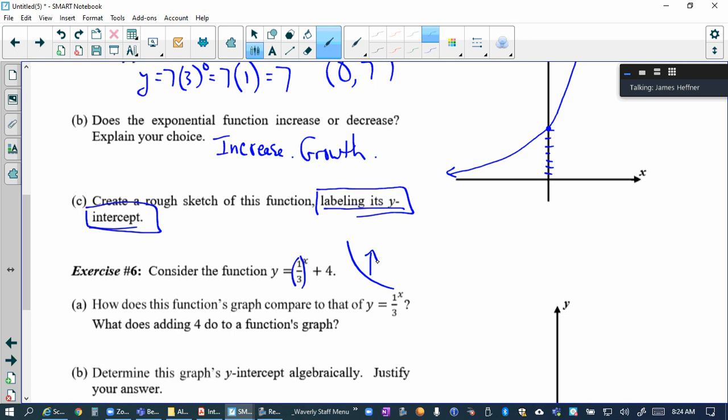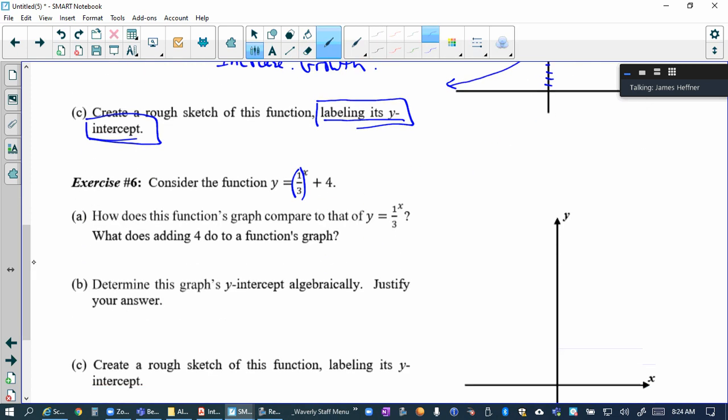I'll answer my own question. So it's going to shift it up 4. Everybody agree with that? We'll get to the left right stuff another time. But adding 4 at the end, it would shift up 4 units.